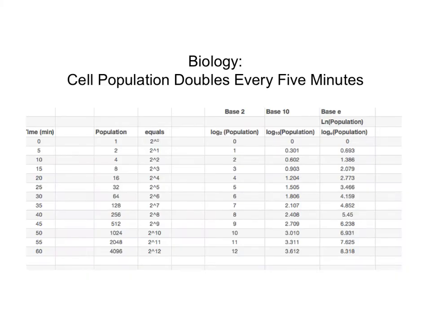So now here's an example from biology, which I made up. Most of my examples here are made up. I'm just illustrating certain trends without any real basis in reality so much.